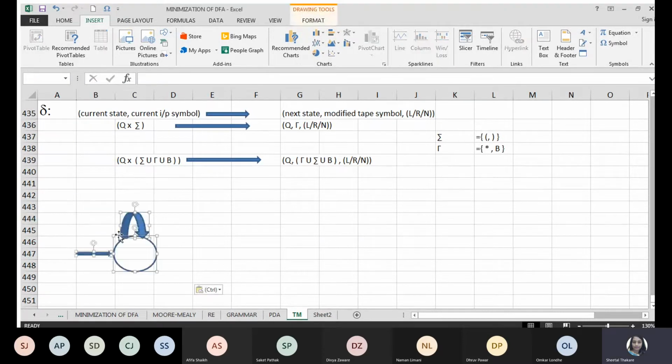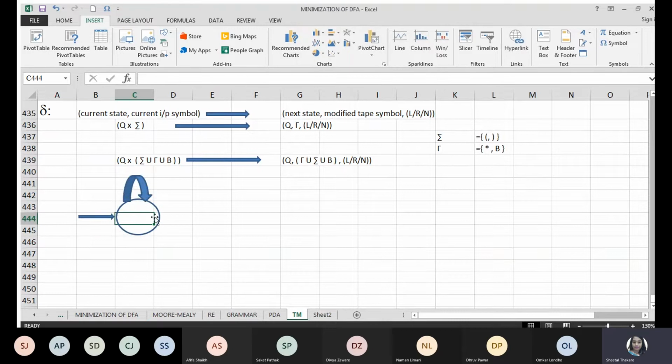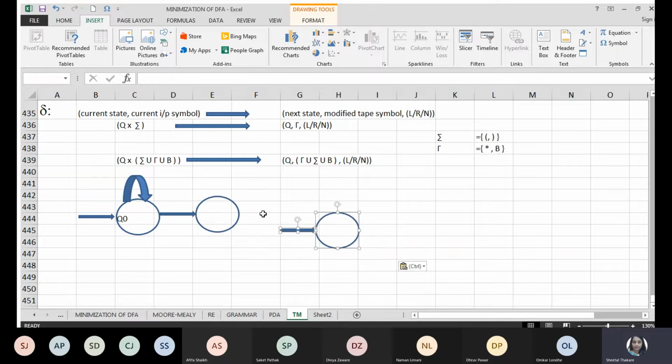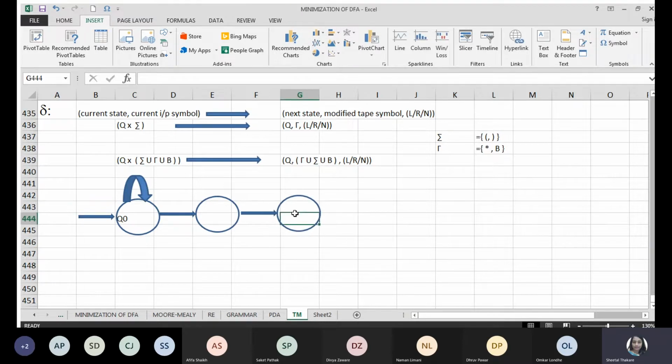Here you will say that this is the initial state, having a self loop, you can have some input symbols. And likewise, you can have the simplest diagram, any random diagram, which is simply showing what will be the content of each and every symbol from the formal definition.